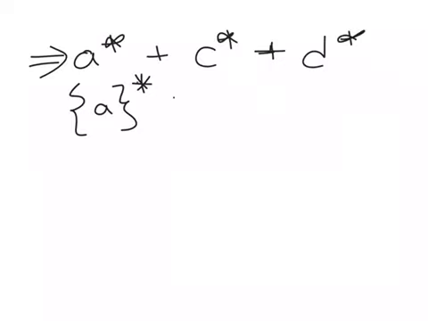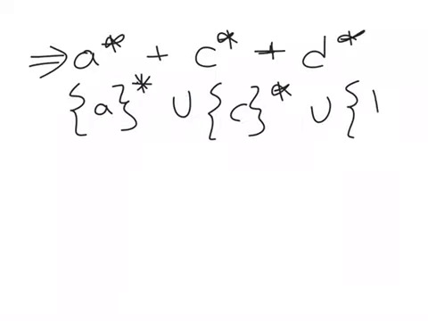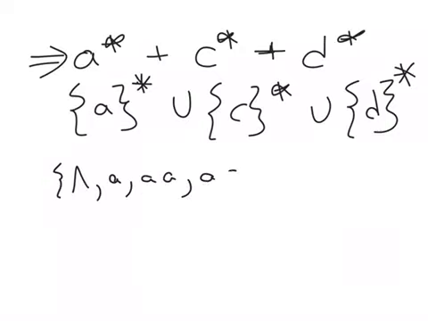So that's A star unioned with the set containing C star, unioned with the set that has just one string, the string D, and we star that. What is the set A star? It's everything that has 0 or more occurrences of A, so lambda, followed by A, followed by AA, followed by AAA, and so on.